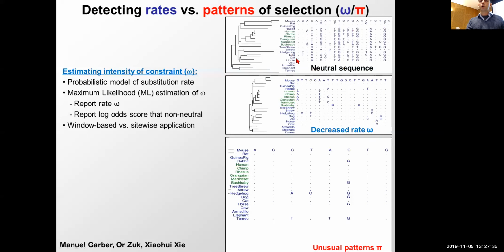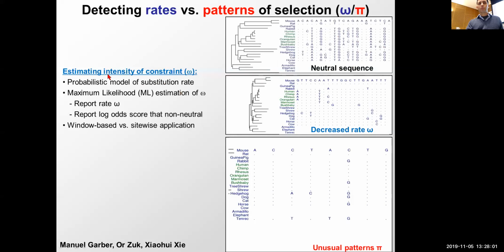So basically, this is all A's, all C's, and so on and so forth. And then as soon as I have a mutation in one of the species, I just write out the mutation. So what do you notice here? You notice that in a neutrally evolving sequence, all of the nucleotides are equally likely to be replaced by any other nucleotide, okay? Here's an example of a sequence that has a decreased rate of change.